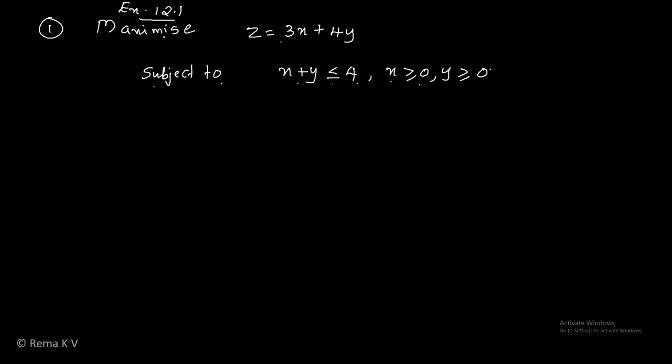Here we have to maximize z is equal to 3x plus 4y, so this is the objective function. The linear constraint given here, only one condition is given to us, is called the linear constraint.